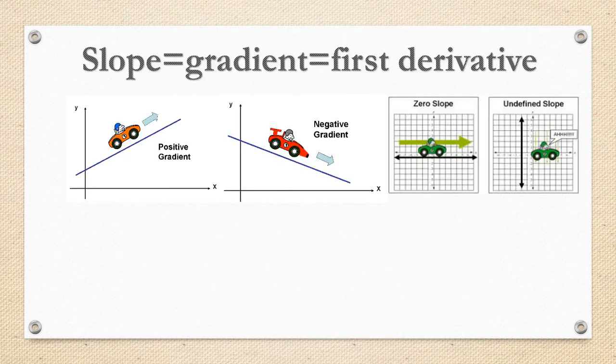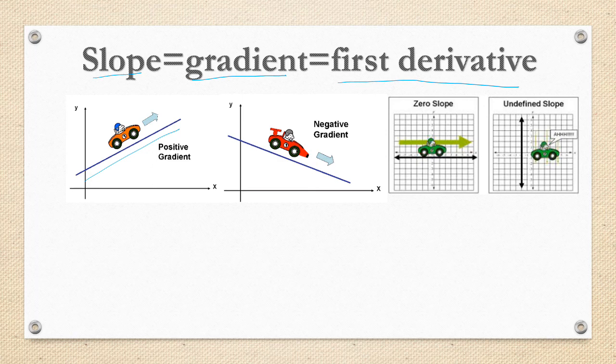Now we are going to see slope. It's actually our gradient, which is also our first derivative. If you have a slope like this, it means it has a positive gradient. If you have a negative slope, it means a negative gradient. A negative gradient means you are going down, and positive gradient means you are going up.